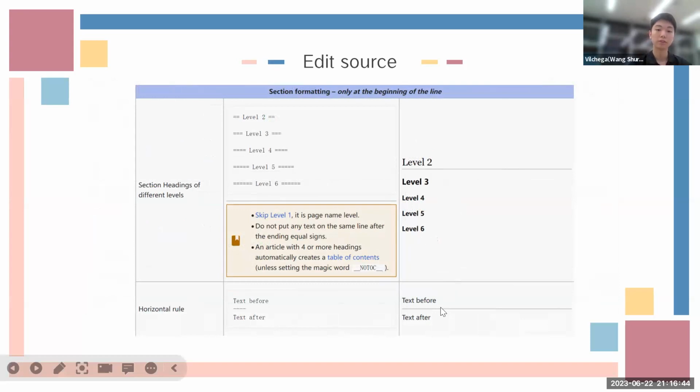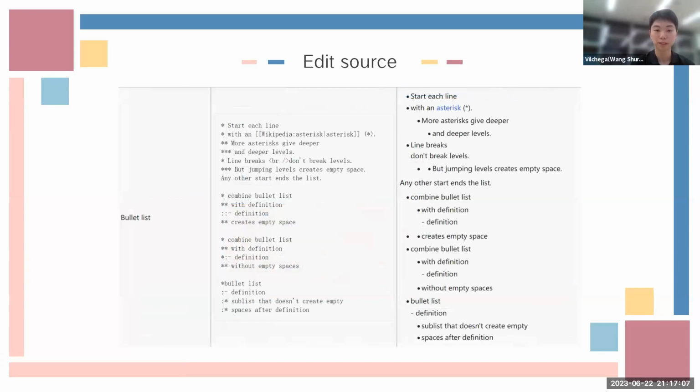And if you want to divide the page into 2 parts, you can use the horizon rule. Just text this to make the horizon rule. The bullet list is very useful too.